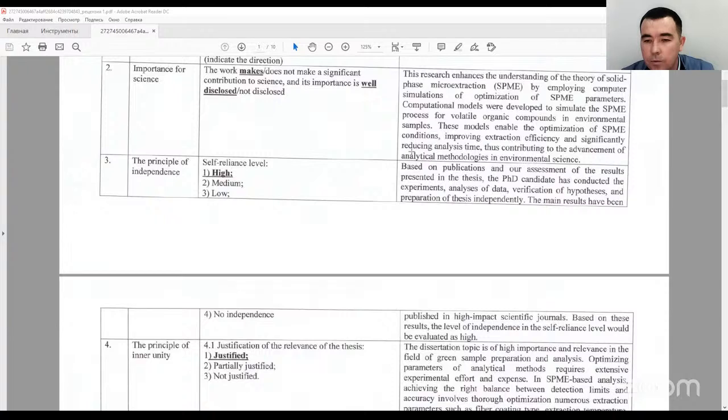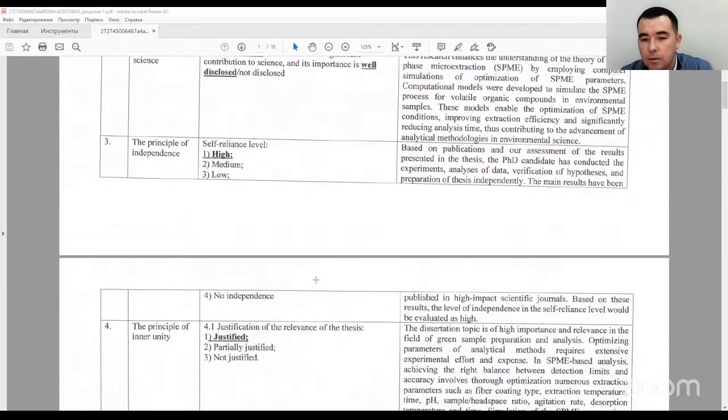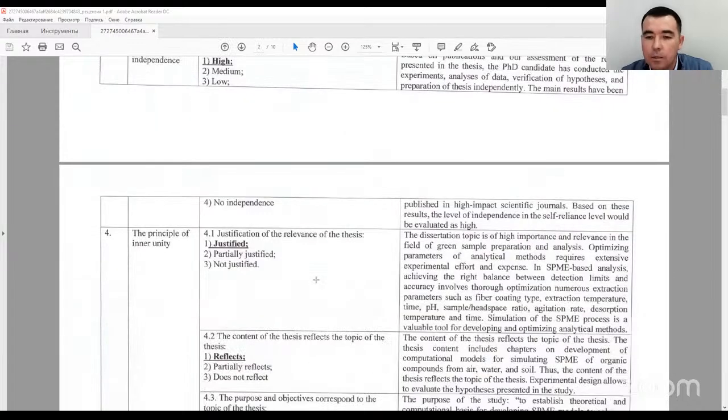Computational models were developed to simulate this SPME process for volatile organic compounds in environmental samples. These models enable the optimization of SPME conditions, improving extraction efficiency and significantly reducing analysis time, thus contributing to the advancement of analytical methodologies in environmental science.